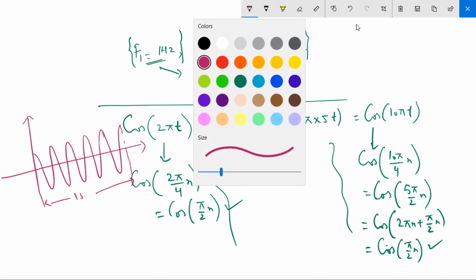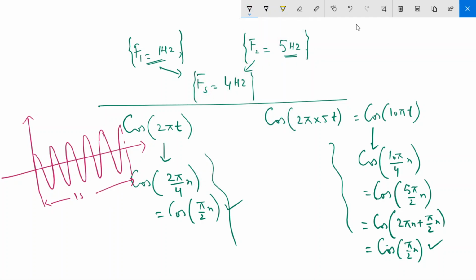Now another frequency we have, 1 Hz. It means in 1 second you are getting 1 cycle. So the midpoint will be 0.5. If you plot the 1 Hz frequency, this is 1 second, this is 0.5.